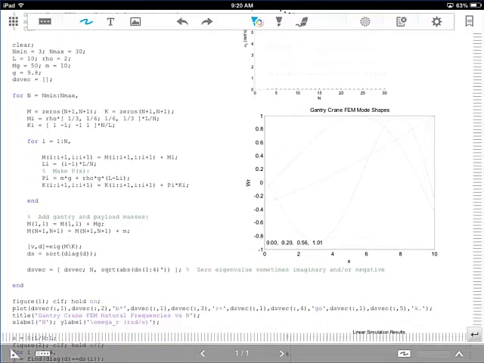From n equal n min to n max, we initialize the matrices to zeros, define mi and ki. What's interesting here is rho is constant, so you don't have to change it as you go down the length, but p is not.